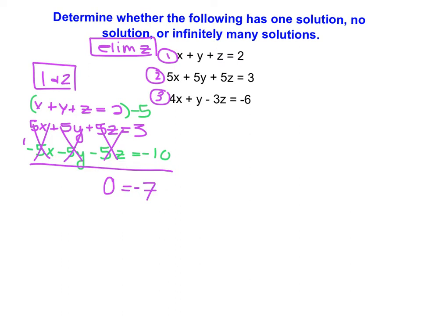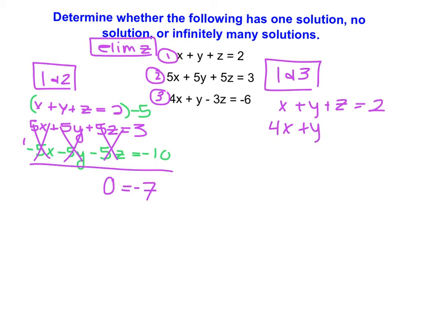I'm going to sit on that for a second and see what happens when I combine equations 1 and 3. I can see that I'm losing some variables here, which is a little tricky, but let's see what happens. We have x plus y plus z equals 2, and then we have 4x plus y minus 3z is equal to negative 6. If we move forward, we're going to multiply the first equation through by a negative 4.